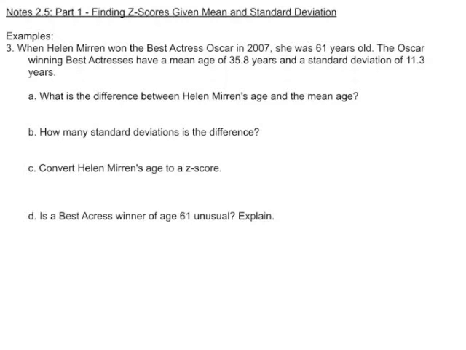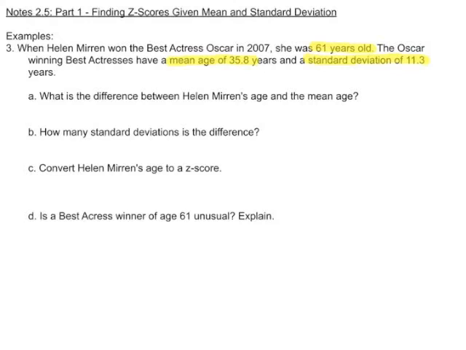In part A, I'll highlight some of the important information in the problem again. She won her Best Actress Oscar in 2007 when she was 61 years old. And then the Oscar-winning Best Actresses have a mean age of 35.8 and a standard deviation of 11.3.